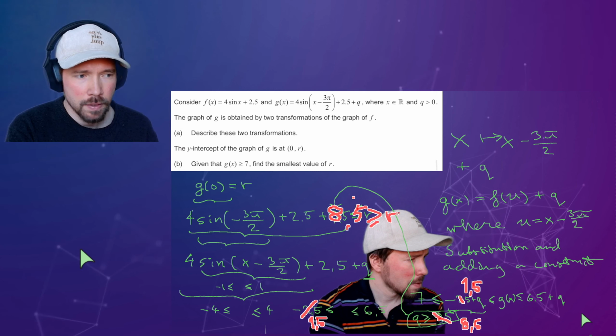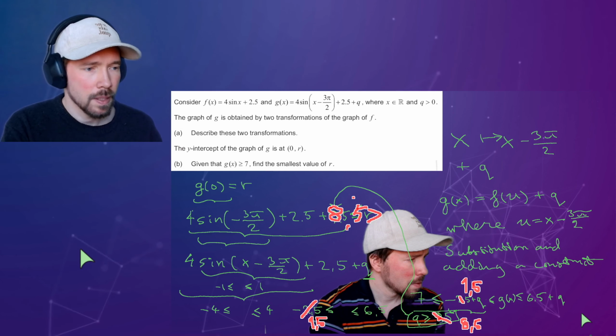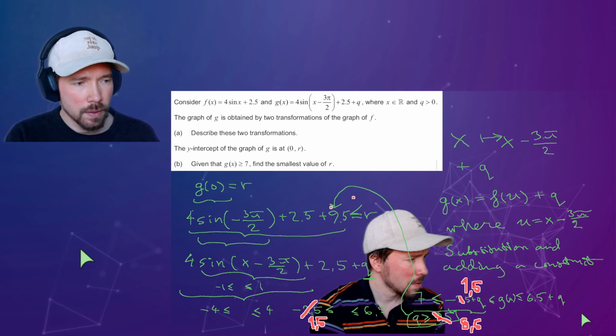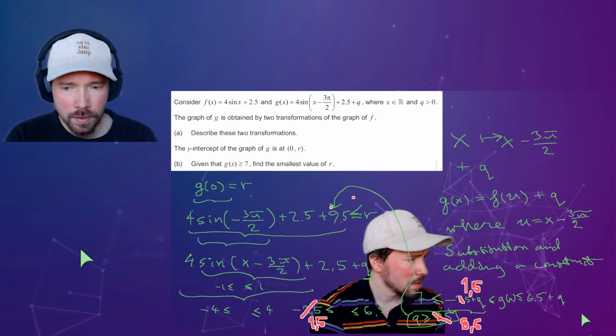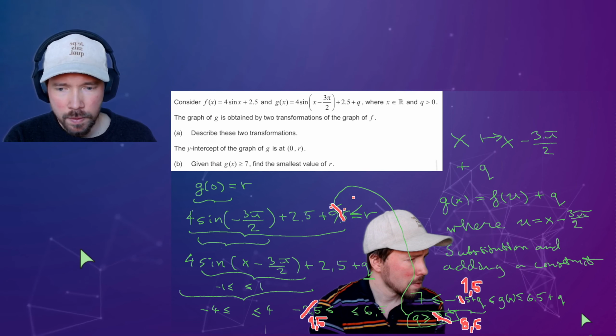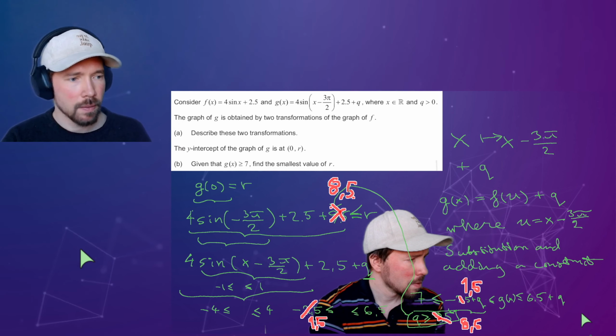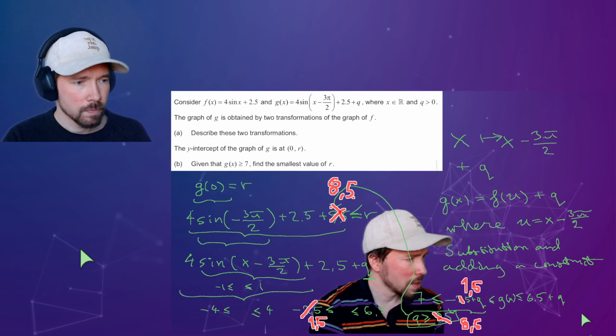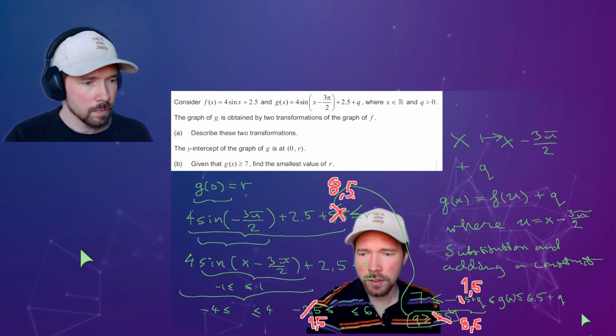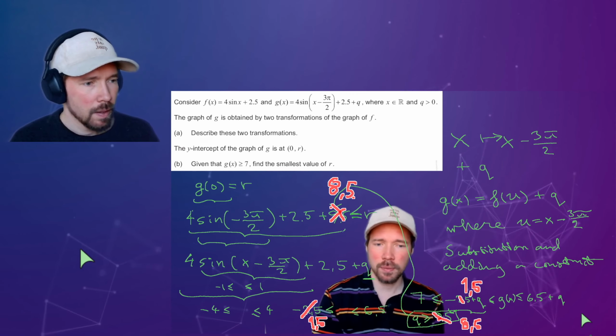greater than R. Let me just try to put it reasonably here. Sorry. My toolbox is not ideal. So then the smallest value of R is going to be whatever comes out from this expression.